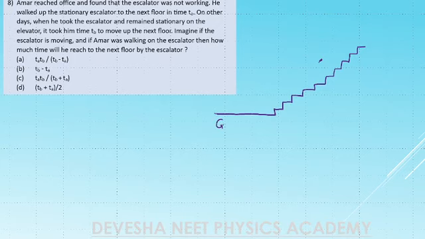Imagine this is the ground floor of a building, right? And this is, say, the first floor of the building, correct? Now, this escalator you must have seen in several offices, or in airports, railway stations, etc., right?